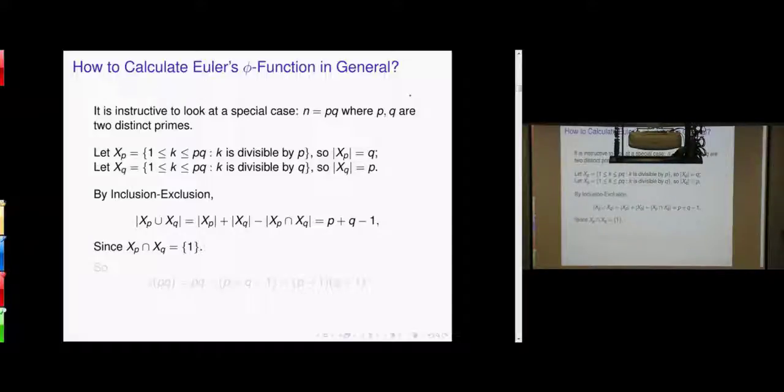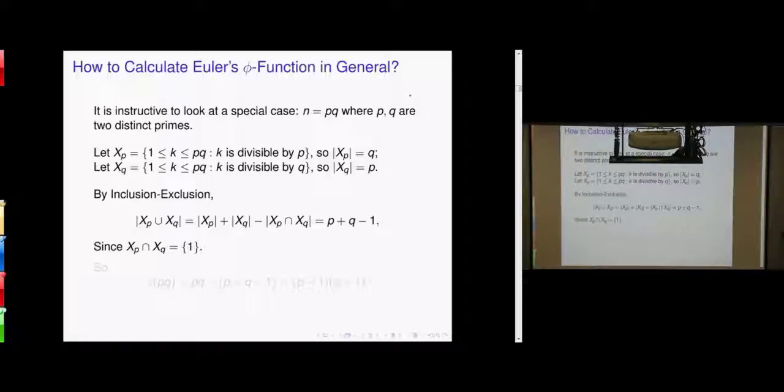Now let's look at the inclusion-exclusion principle. The size of x sub p union x sub q will be this. Now x sub p is q, x sub q is p. Now the intersection is a number which is a multiple of both p and q.